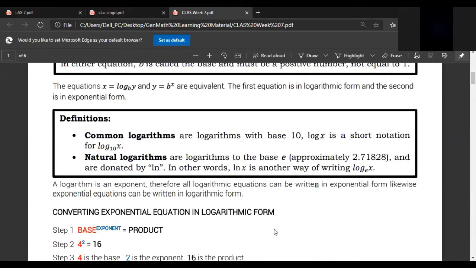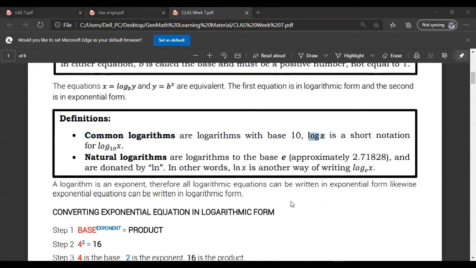And to denote that a logarithm has a base of 10, usually we write that as logarithm of x with a base 10. Pero dahil nga siya ay common logarithm, we do not write the base anymore. So if we have logarithm of x with a base 10, it can be simply written as logarithm of x. Okay?